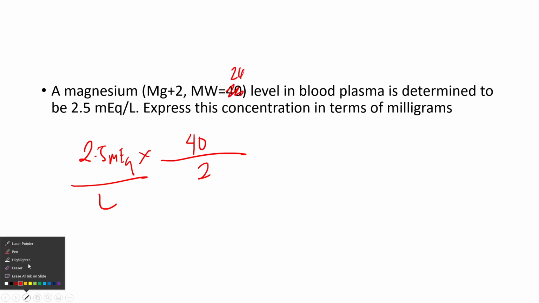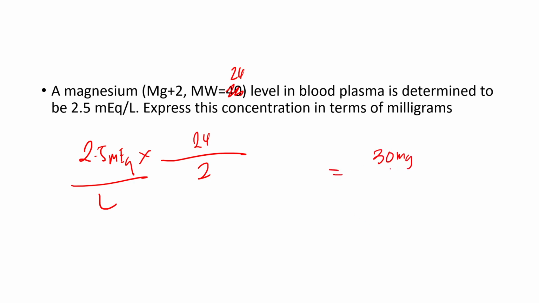So 2.5 times 24 divided by 2. So the answer is 30 milligram per liter.